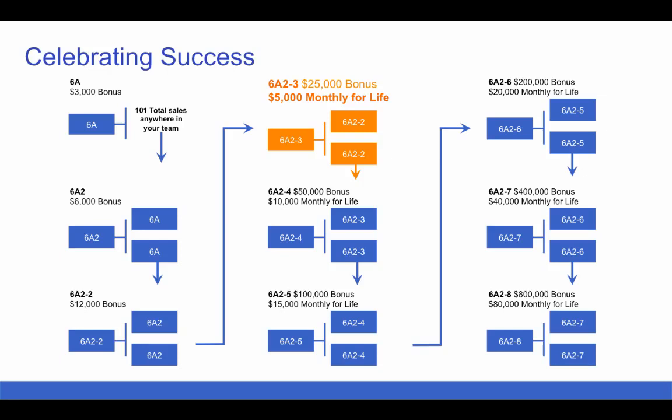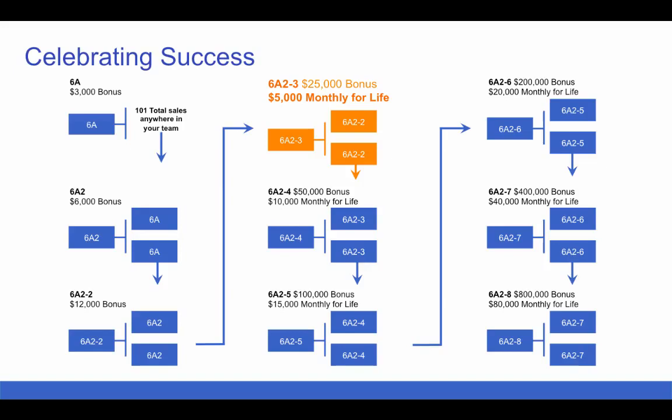Just because, okay? I mean, this has nothing to do with your sales, has nothing to do with your educational bonuses, has nothing to do with the 8 or 9 other ways of getting paid. This is just something extra from the company. And so I just think that this is a great, great goal for all of you to go for. And all it is is you helping 2 people get to 6A2-2, and you become a 6A2-3.